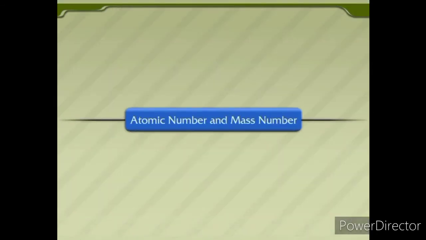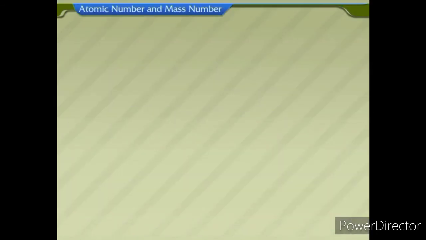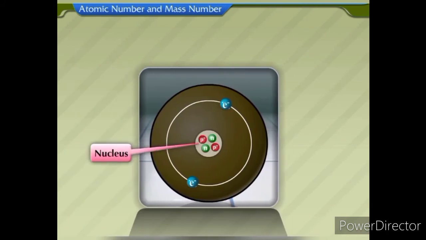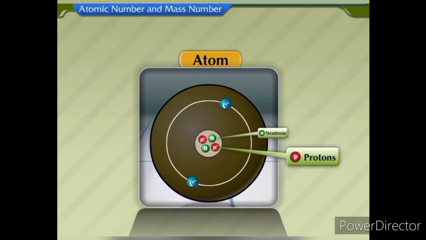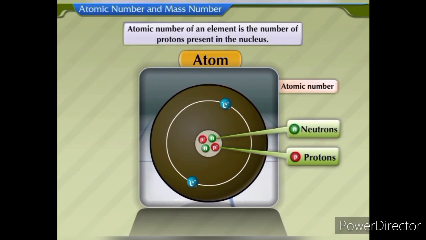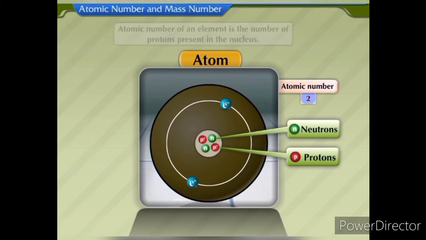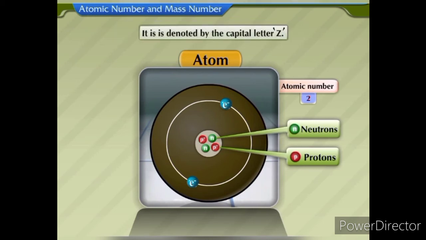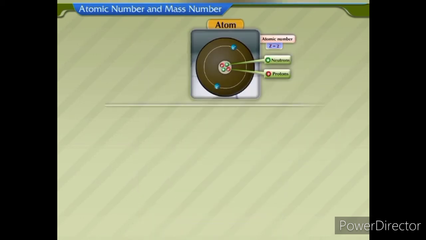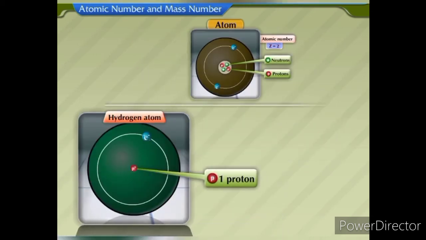Atomic number and mass number. The nucleus of an atom consists of protons and neutrons. Atomic number of an element is the number of protons present in the nucleus. It is denoted by the capital letter Z. For example, hydrogen has 1 proton in its nucleus.